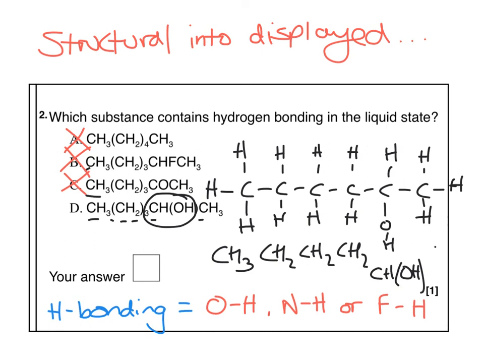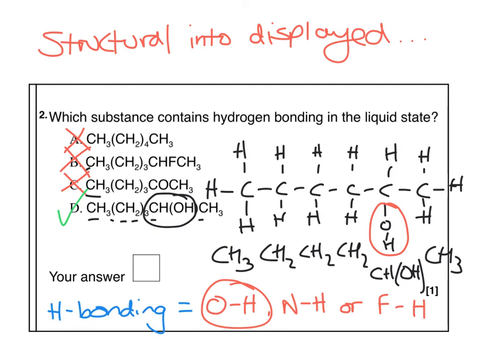So there is now an OH group, that group just there, and that is why that one, ding, is the right answer, because it has an OH group that does hydrogen bonding.